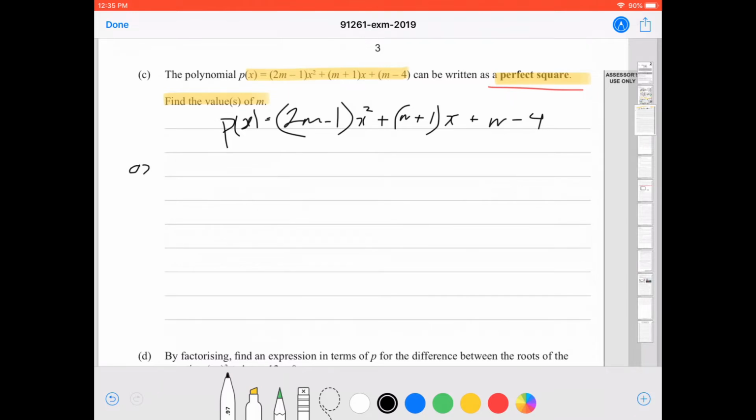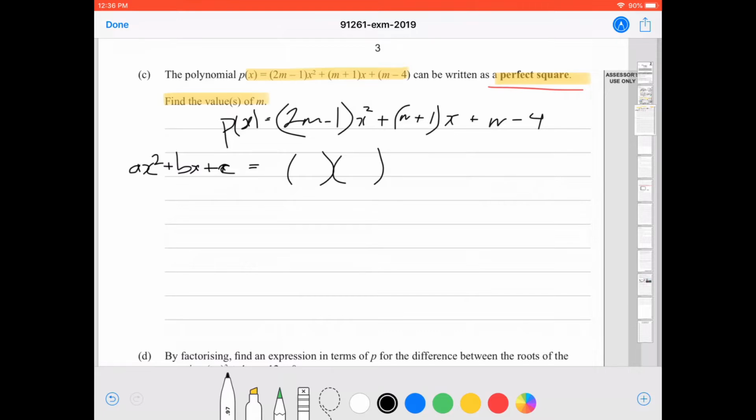If you think about a normal quadratic, ax squared plus bx plus c, we've got some sort of longer terms for a and b and c. It's these 2m minus 1, m plus 1, and m minus 4. But we're still in expanded form here. If we were to factorize, we'd come out with two sets of brackets, and that would be a factorized form.